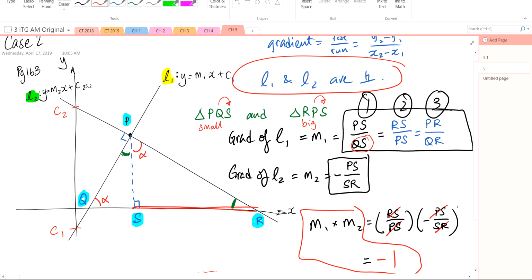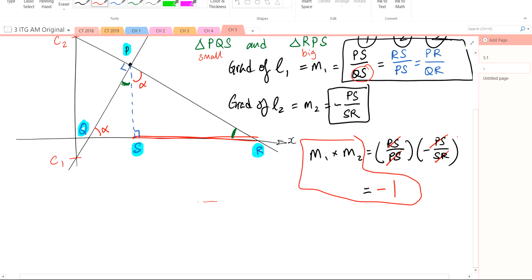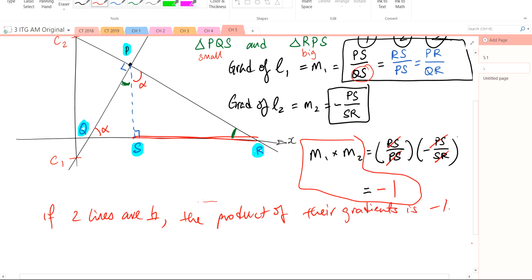If you didn't catch any of this, it's okay, because some people prefer to simply memorize. So this is what we have. If 2 lines are perpendicular, the product of their gradients is negative 1.